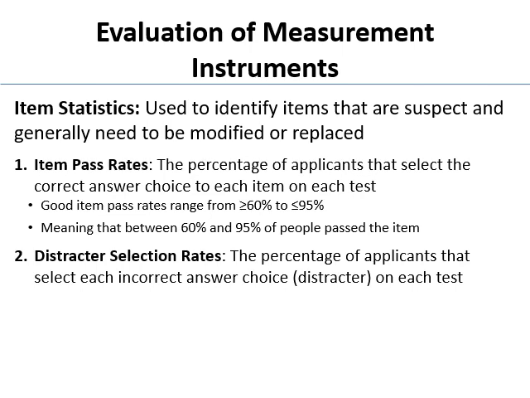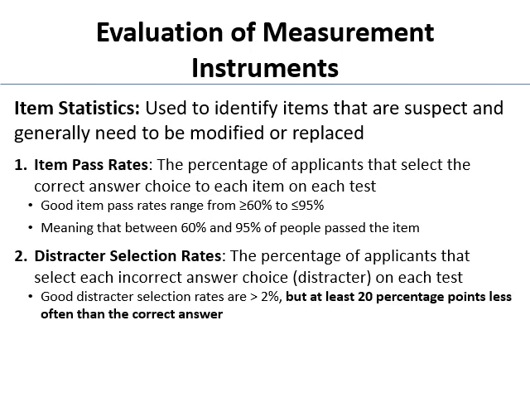So the percent who picked the correct answer is your item pass rate. We also look at the percent who picked each wrong answer, and we call those your distractor selection rates. Those are the percentage of applicants that select each incorrect answer choice, which the fancy name for that is a distractor. Good distractors get more than 2% of people picking them.